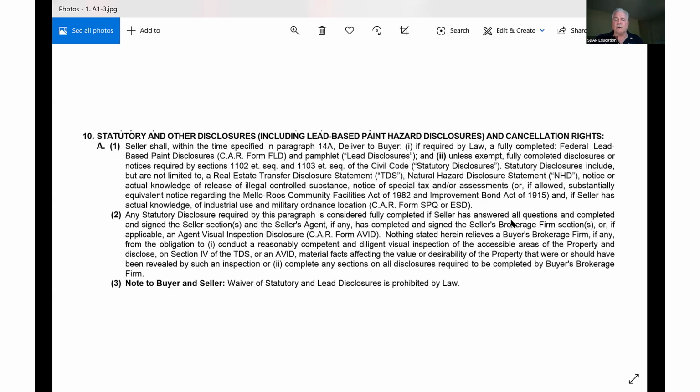Those are important things. Again, the TDS is statutory, so therefore rescission rights attach to that. The SPQ and the SPQA are contractual. The SPQ is automatically contained in the purchase agreement. There was a big fight about that, but we decided you've got to have that in the transaction.